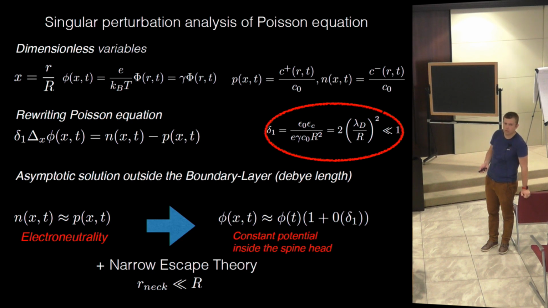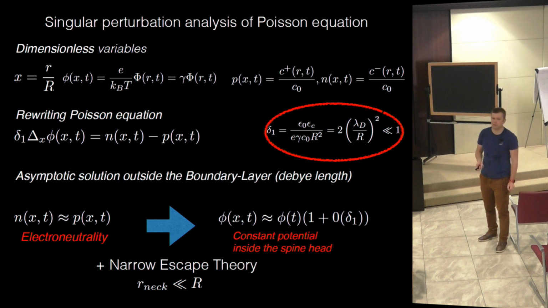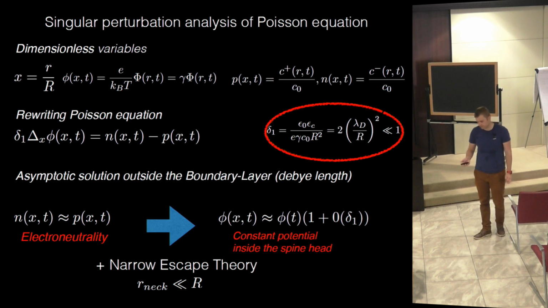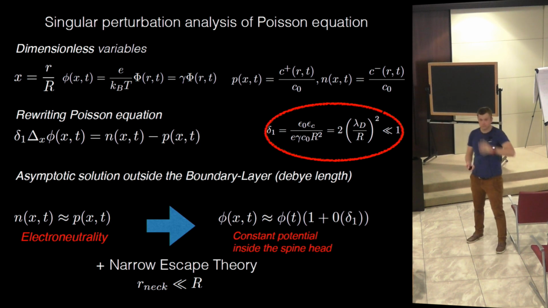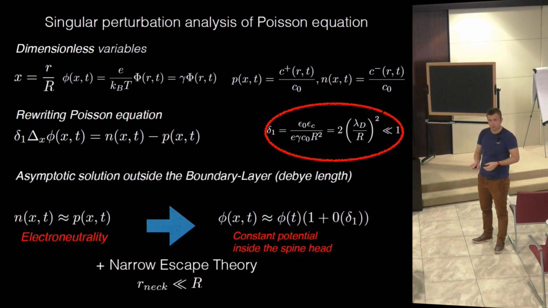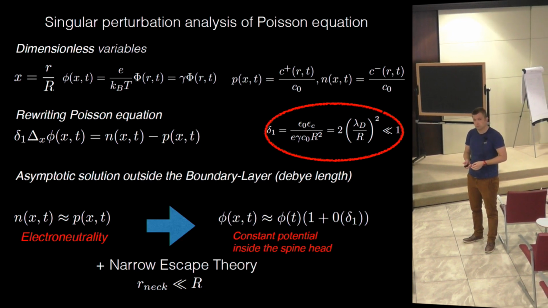What is the first order term? Something that is proportional to this delta 1. It's small. Maybe I have to look at your paper. Yeah, I can give you supplementary information. I do not have in mind the exact dependence, but the first term is small, meaning that you can have an harmonic potential.